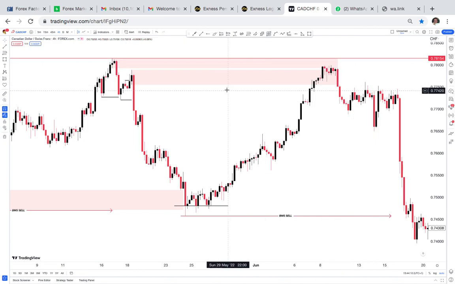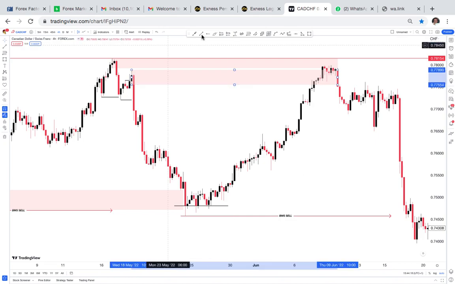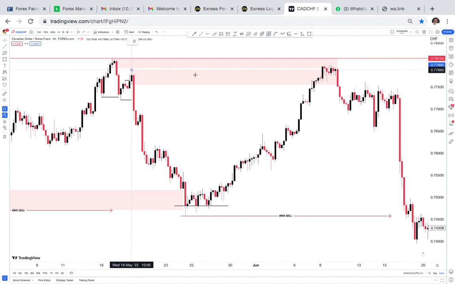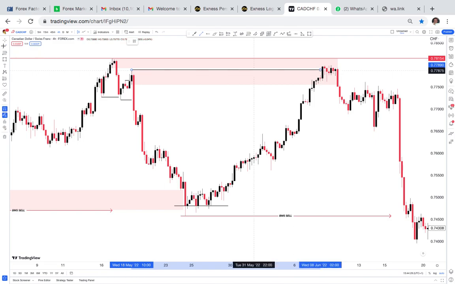So most times, I won't lie to you, this would be my supply zone. But now I'm seeing it as liquidity for the one at the top. But honestly, I would have entered from here.